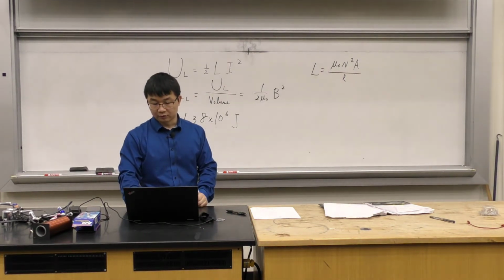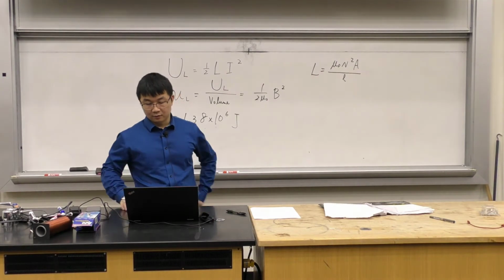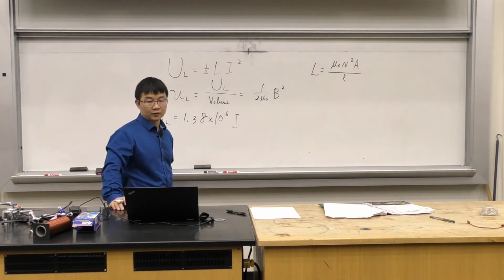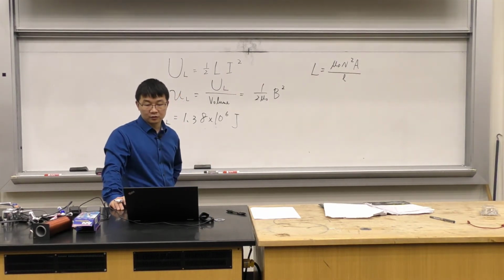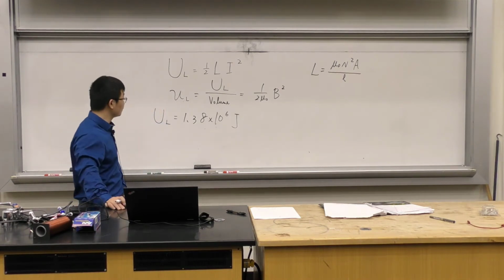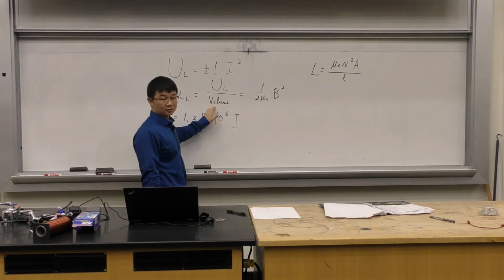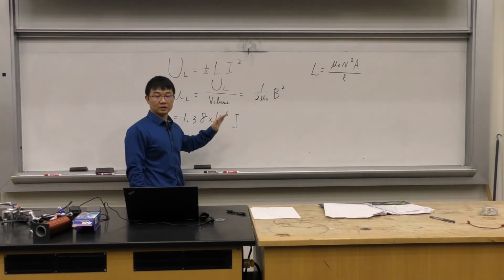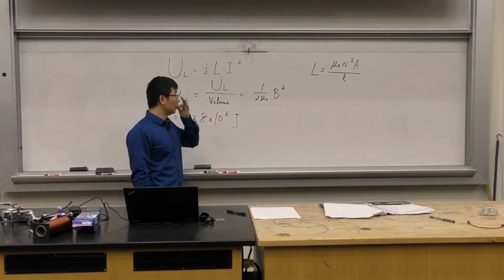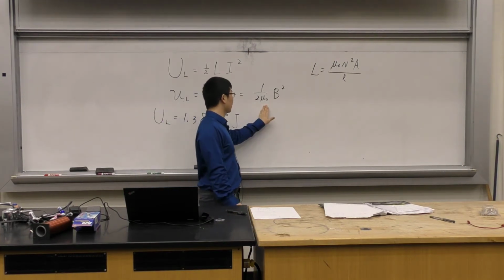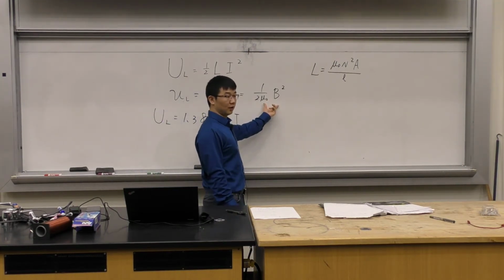Now the next part, find the magnetic field energy density in the solenoid after the current has reached 2.3 kiloamps. Well, in this case, there are two ways you can do that. Either you just do total energy divided by volume, that's the definition of magnetic field energy density, or you can use this equation, a general equation for any magnetic field.